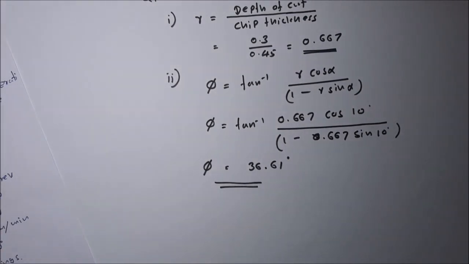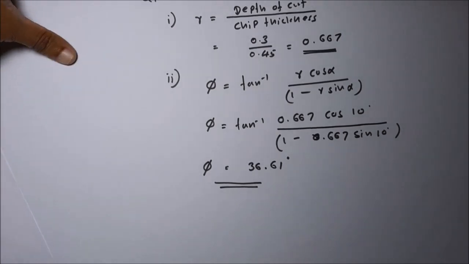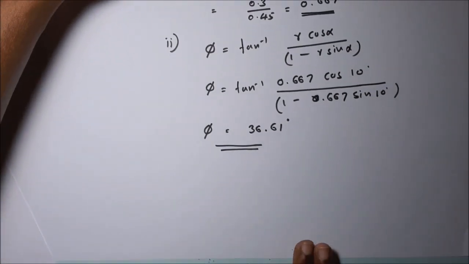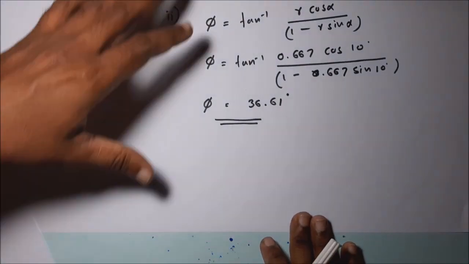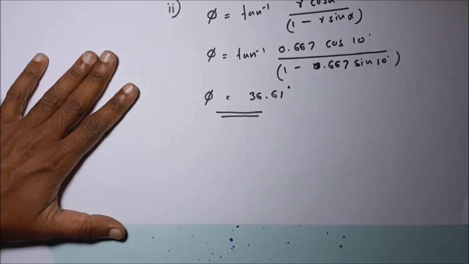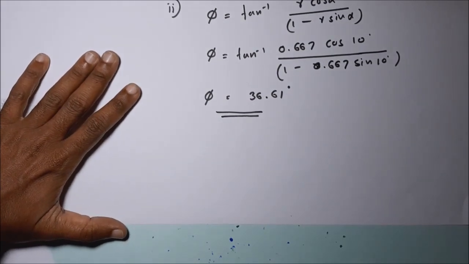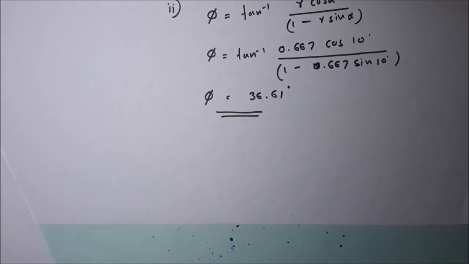Then the problem also asks to find the velocity of the chip along the tool face. In the previous lecture we discussed the velocity relationship in orthogonal metal cutting.